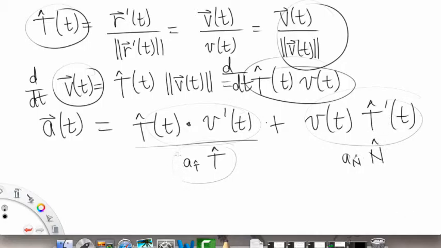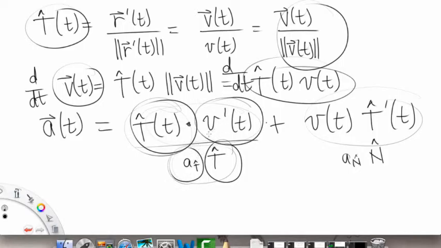For the first term, we already see that there's a T hat and a T hat, so those are the same. That means a sub T has to equal the other thing there, the first derivative of the speed, v prime. So we solved for the coefficient there.